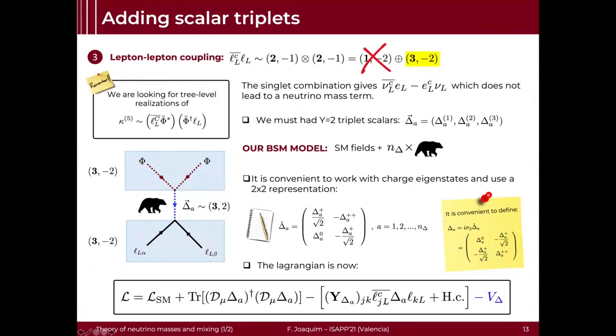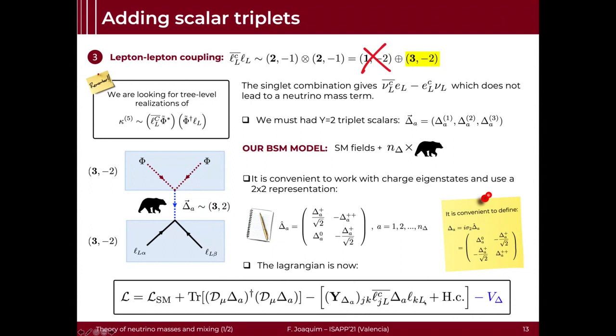Now the interactions with the lepton doublets are just L L delta, roughly. Of course, you must have these conjugates and bars in order to have it gauge invariant. But remember that this thing here is just L transposed delta L.